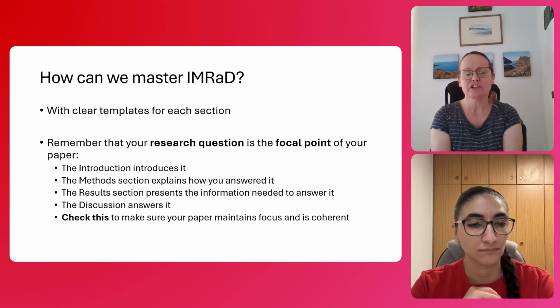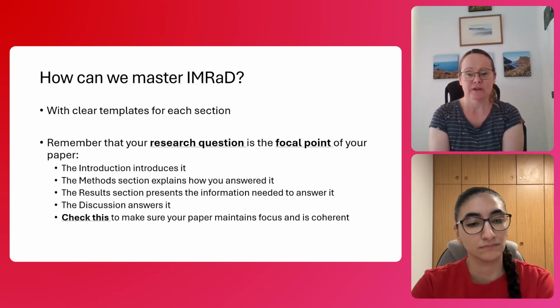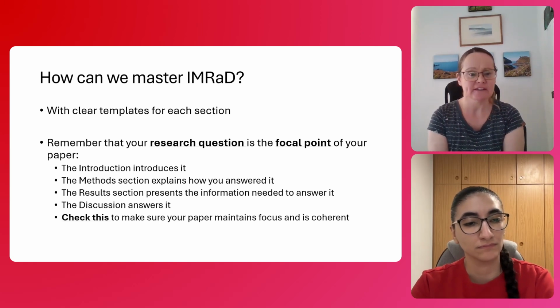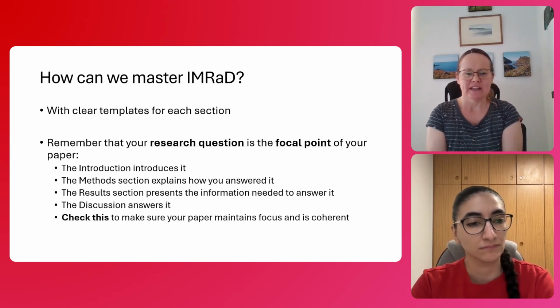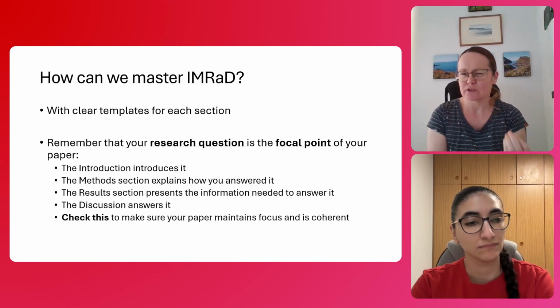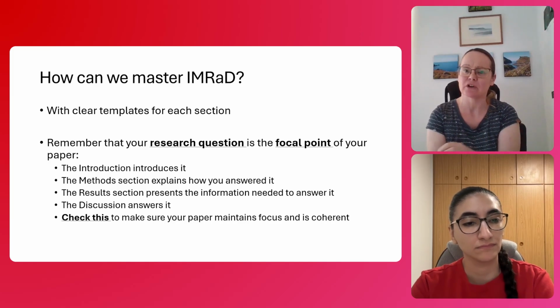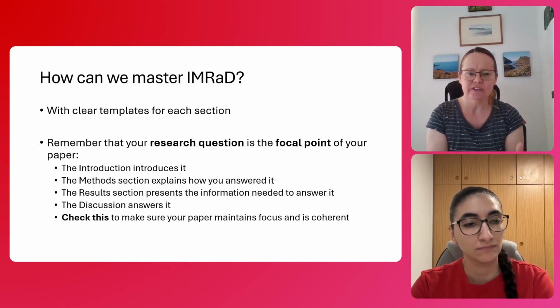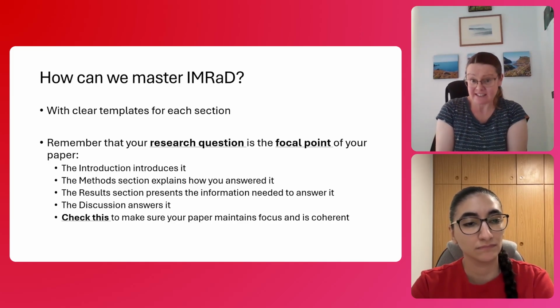So that is something that you can check, okay? When you've got your first draft, maybe after a few rounds of revising, you can think about, is my research question the focal point of my paper? Does my introduction introduce it? Does my method section explain how I'm going to go about answering it? Does the results section give me the data I need to answer it?